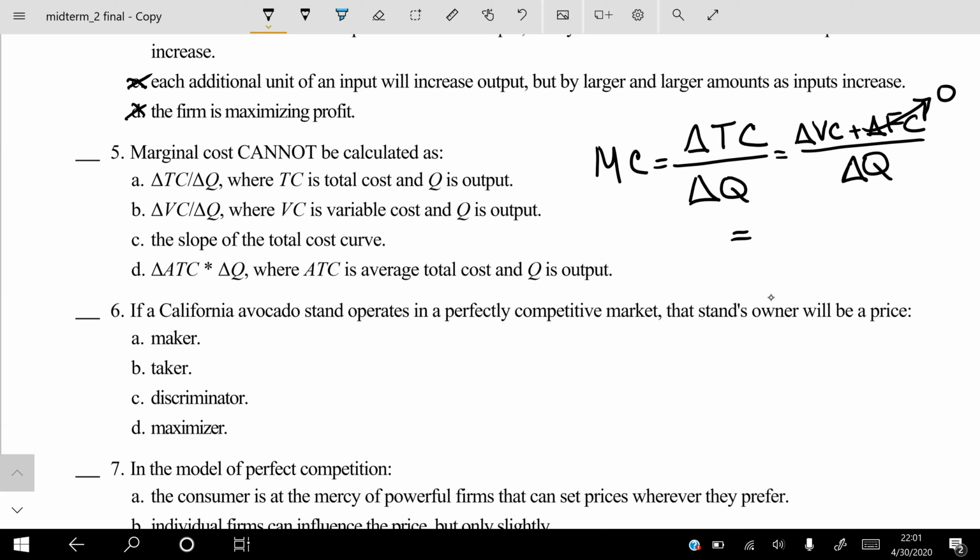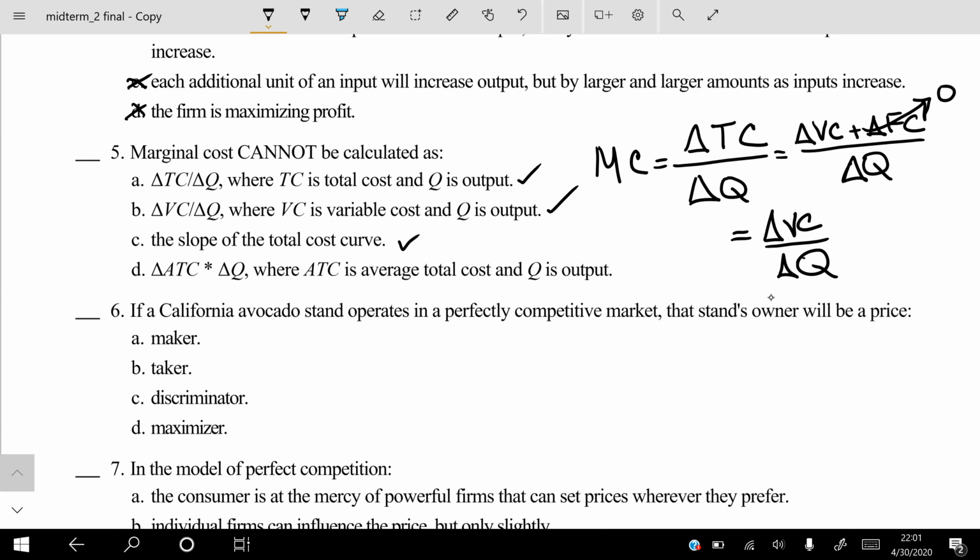So it's also equal to the change in variable cost over the change in quantity. So it looks like A is a way to calculate. B is a calculation. It's the slope of the total cost curve. Well, that's this definition of slope, right? This is literally the slope formula.